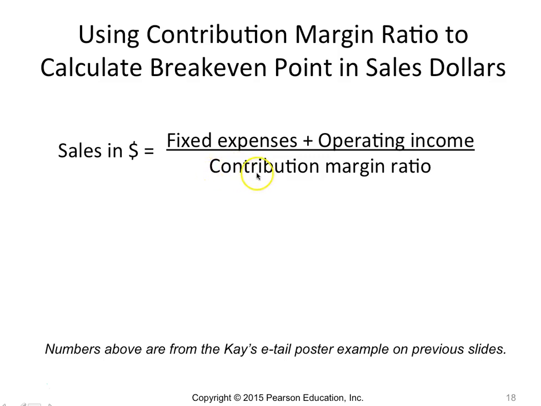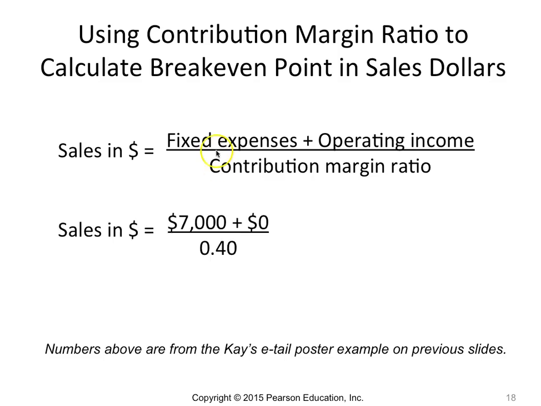If you use contribution margin ratio times total sales, what do we get? Actually, we get the contribution margin. So contribution margin equals fixed expenses plus operating income. That's how we do the calculation. This is a very simple variation of the equation we just mentioned.